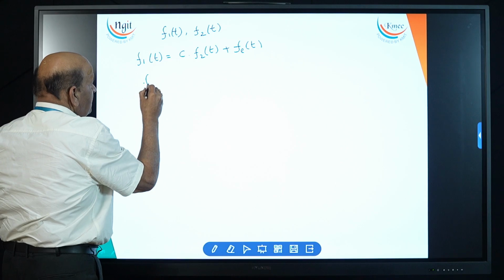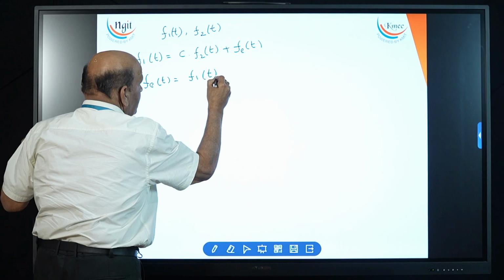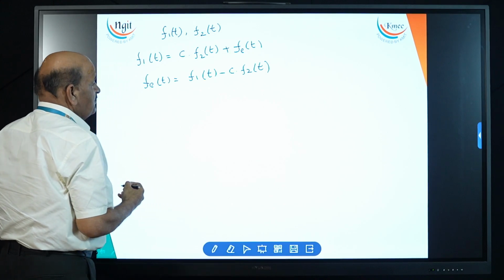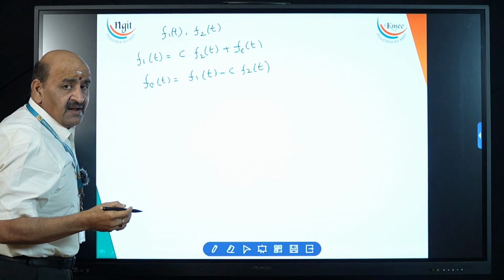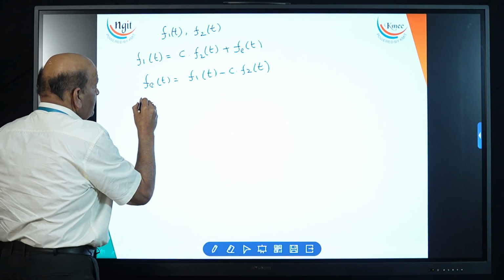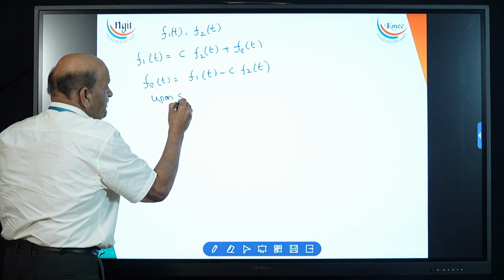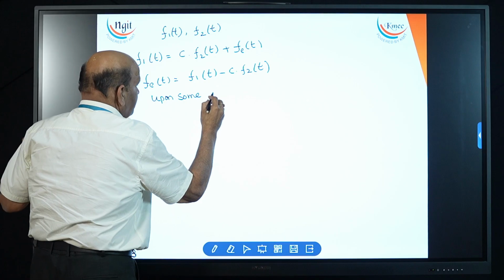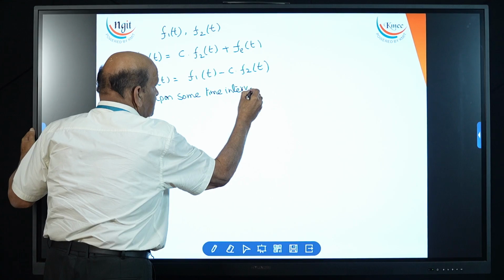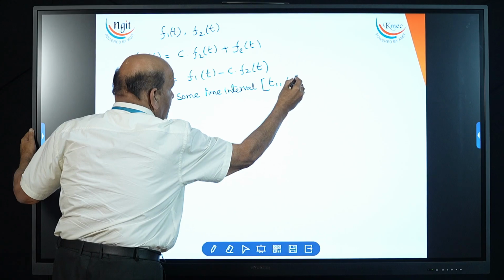Now, in this way, what is the error? Error is equal to f1 of t minus c times f2 of t. Now, actually in any signals, error is to be minimized. That's why, upon some given time signal, upon some time interval, that interval is from t1 to t2.